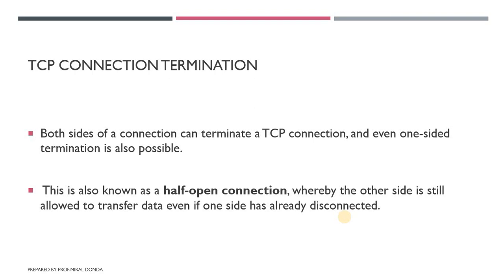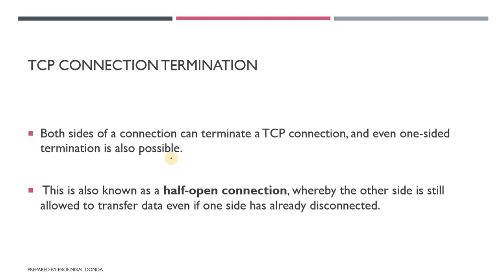Both sides of the connection can terminate the TCP connection, and even one-sided termination is also possible. It is possible that the client requests the termination, and it is also possible that the server first requests the connection termination.